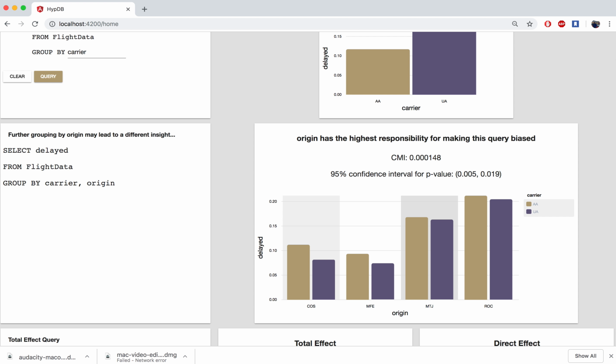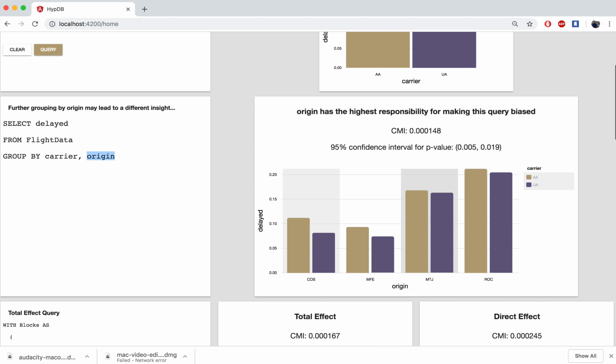Specifically, first, HypDB warns the user that further grouping by some of the confounding factors would radically change the insight obtained by the original SQL query. As you see in this case, HypDB automatically identified origin airport as a confounding factor, such that further grouping by origin totally reverses the trend obtained by the original query.